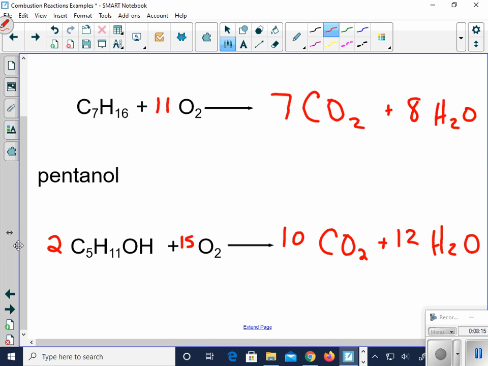And it's important with these. You're going to probably see it more with these combustions. I go back and check, can I reduce? That 15 makes it a little tough, right? So I cannot reduce. Therefore, I have now balanced this combustion reaction.